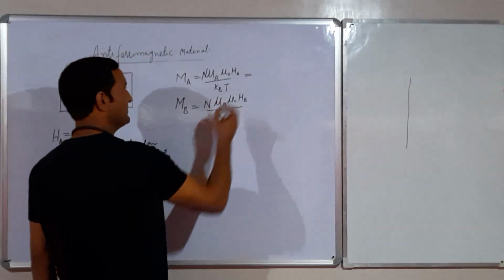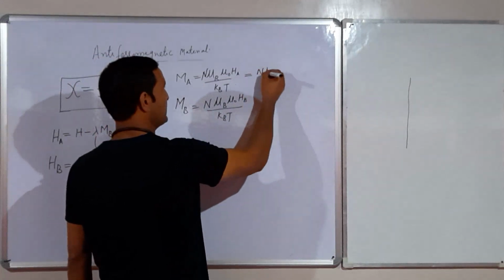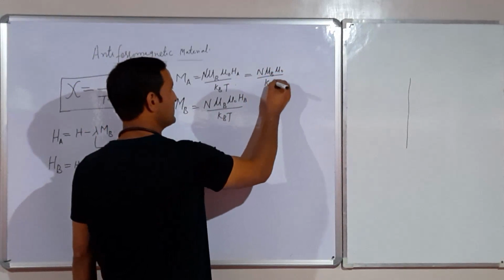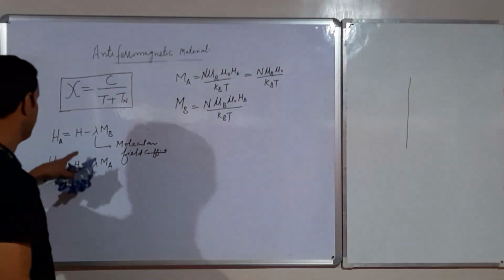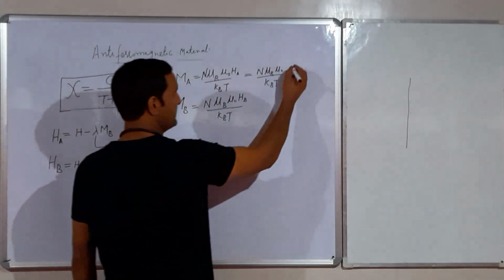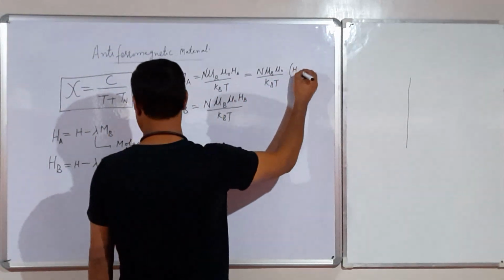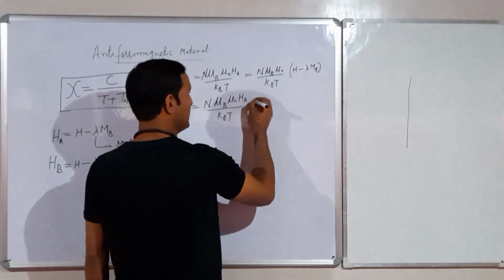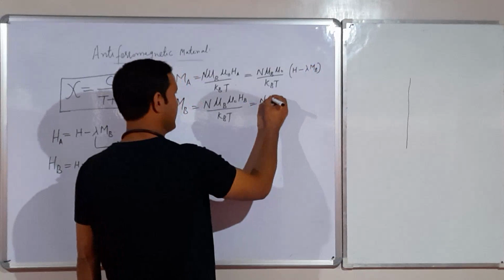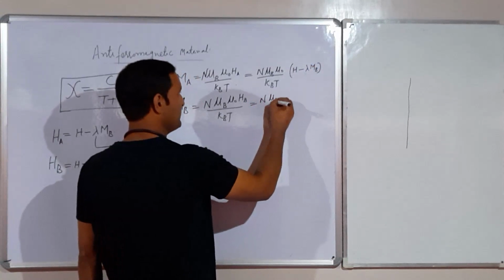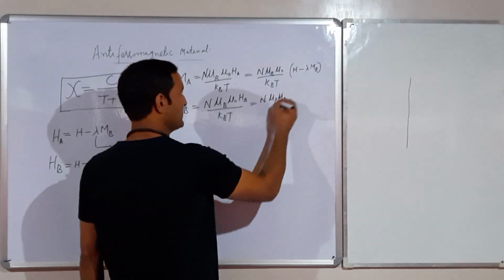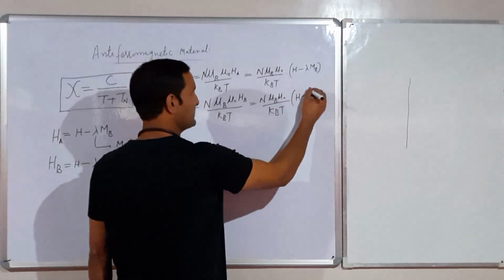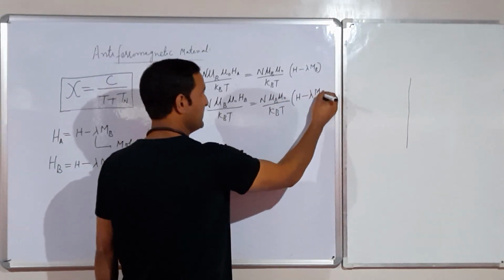This will be equal to N mu B mu naught upon KBT. In place of HA, we can write H minus lambda times MB. Here we can also write N mu B mu naught upon KBT, H minus lambda times MA.